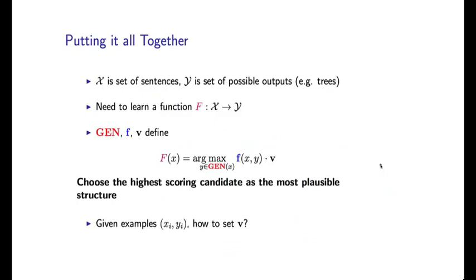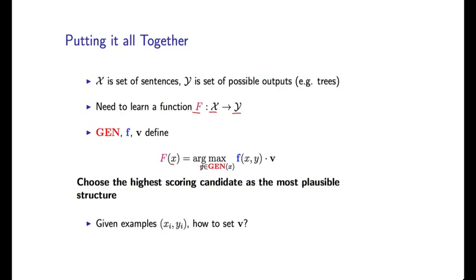Now that I've given you these three parts to the model, we can put things together and see how the global linear model defines a function F from the set of inputs to the set of outputs y. So what is this function capital F? This is going to take some input x and it's going to return some structure y, and that calculation is actually very simple.